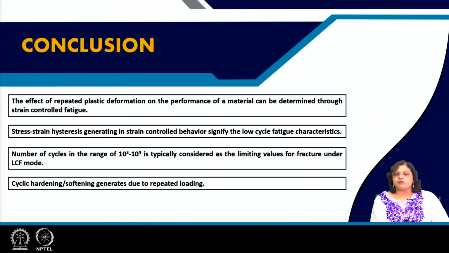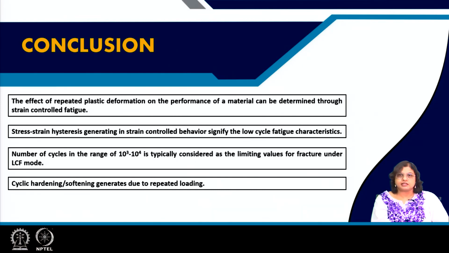Okay. And we have also seen, based on the hysteresis loop, that there could be cyclic hardening or cyclic softening depending on the response in the stress amplitude level. Although we are controlling the same values of strain amplitude for each cycle, there could be either an enhancement or a reduction in the stress amplitude level.